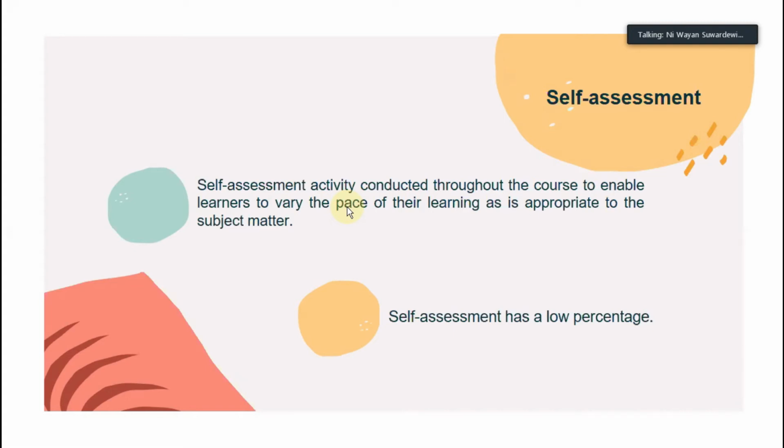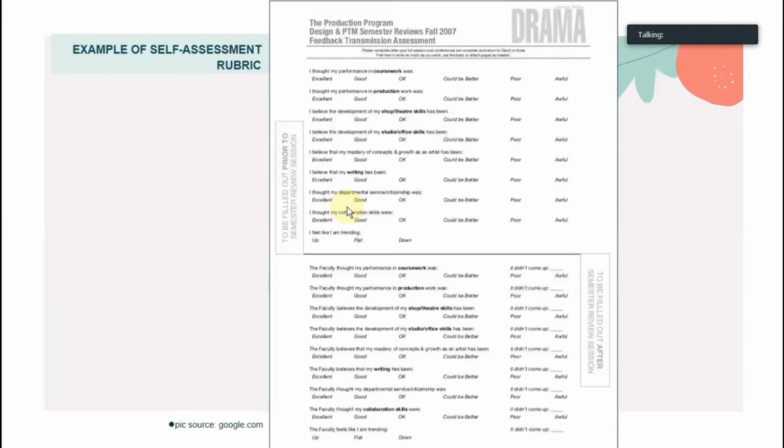to see at what level they already understand the material. And in the whole assessment, self-assessment takes a place in the low percentage. Here, I provide an example of a self-assessment rubric. For example, I took the assessment picture from the internet, from a drama course.